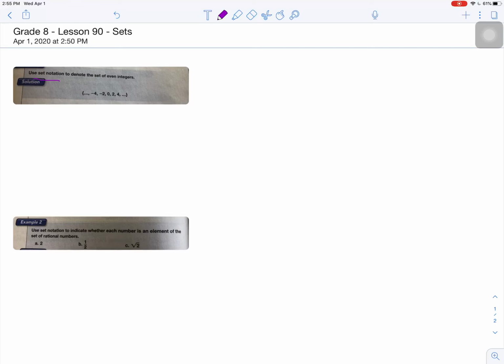Okay, so when we put our brackets in here and our dot dot dot followed by a comma, and we put -4, -2, 0, 2, 4, dot dot dot, and then your bracket at the back.